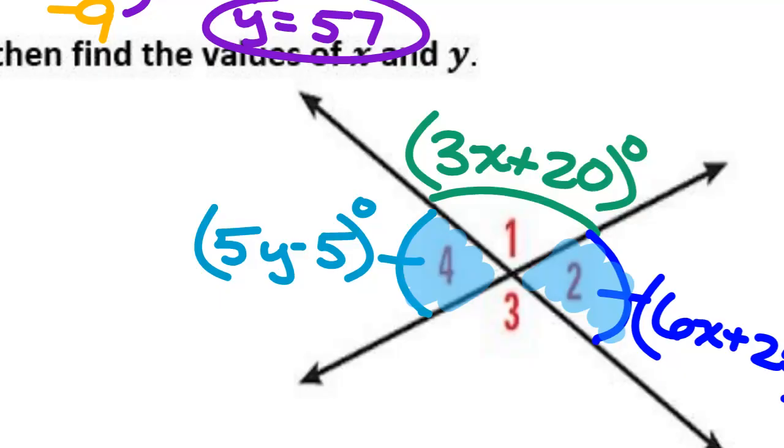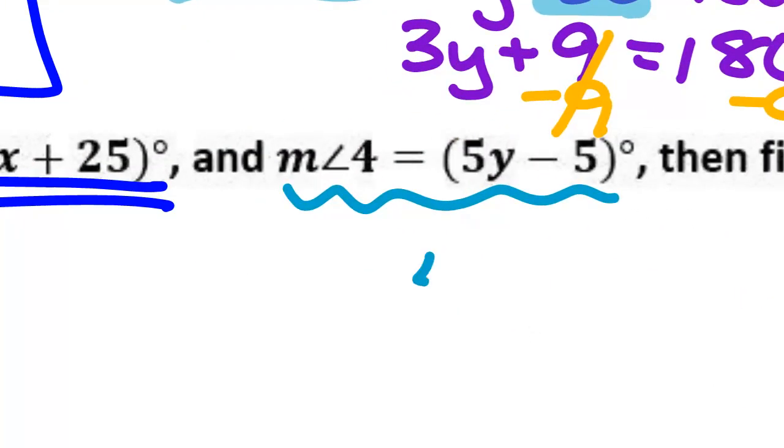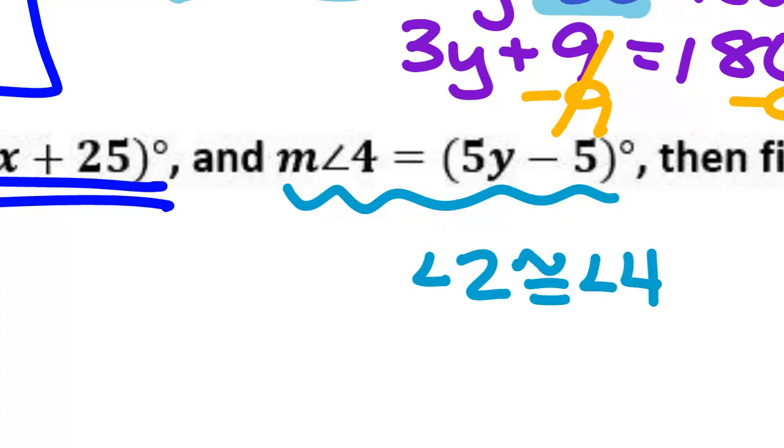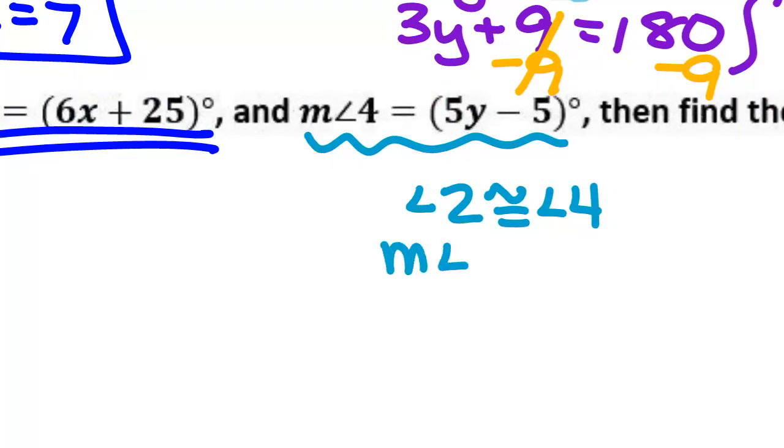They're vertical angles, yes. Angles 4 and 2 are vertical angles, so they are congruent. Do they have the same variable in them? No, but I will be setting them equal. Angle 2 is congruent to angle 4, so the measurement of angle 2 equals the measurement of angle 4.